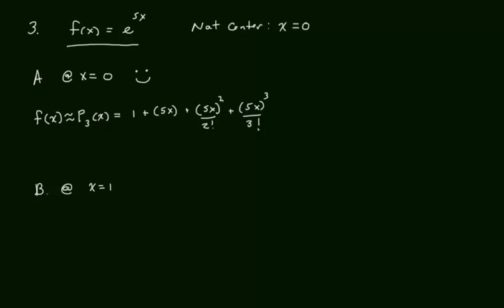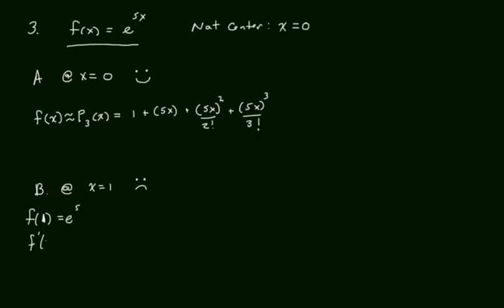So part B, center at x equals 1. That is not the natural center. Sad face, because I have to do more work. I have to do a raw construction. So I'll say f of 1 is e to the 5.